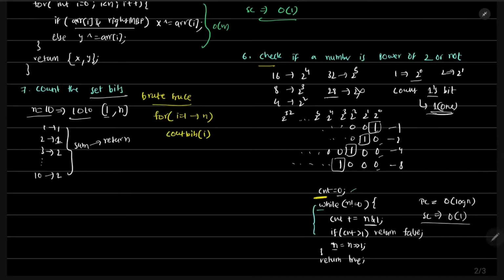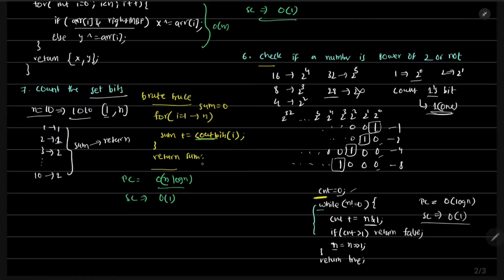Here to sum up all those, sum equal to 0. Sum plus equal to count number of bits. This will return the number of bits for each number and return sum, right? So what is the time complexity here? The time complexity will be big O of n, and for finding the count bits, log n. And space complexity is O of 1.